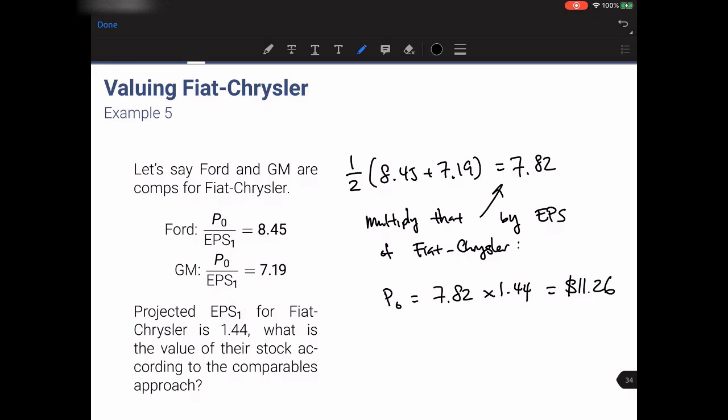So when I wrote this example, Fiat Chrysler was actually trading at $16.20. So what you should be asking yourself is, why is there a difference?